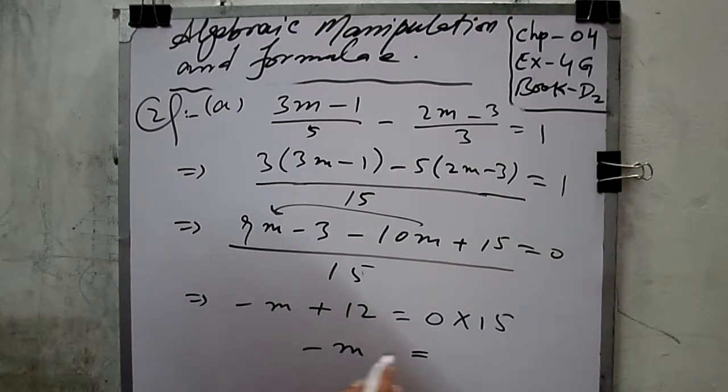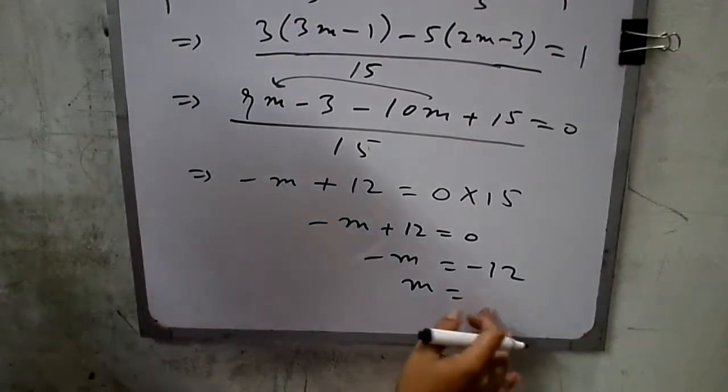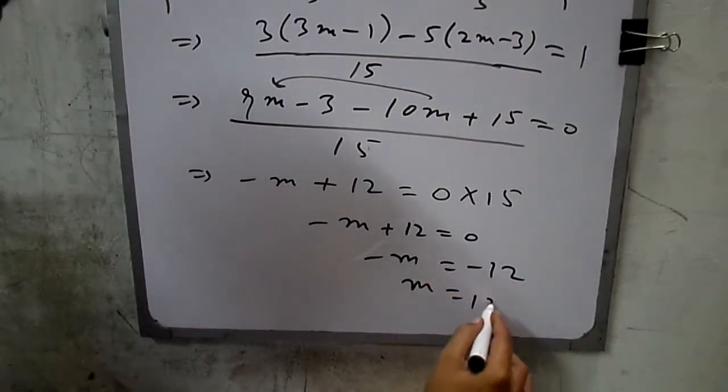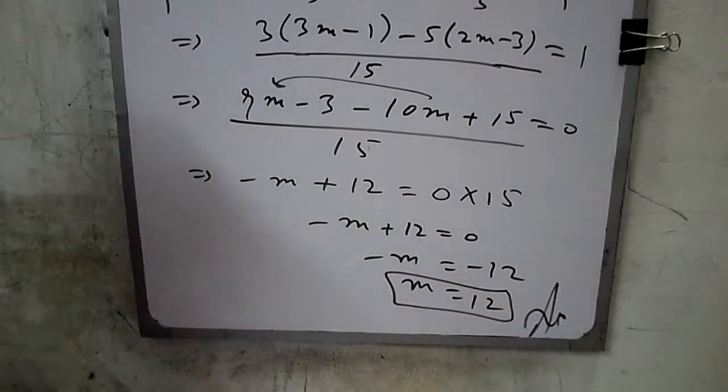So minus m plus 12. The value of m is, you can see here, minus minus will be cancelled, so the value of m is 12. So here is your result.